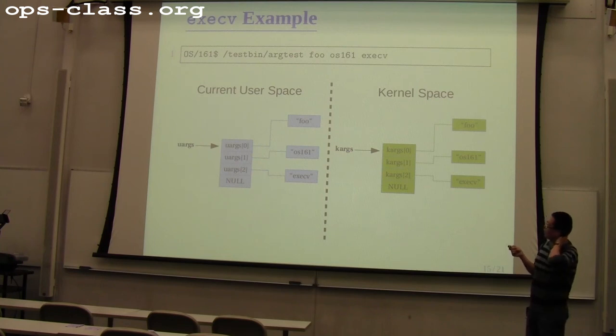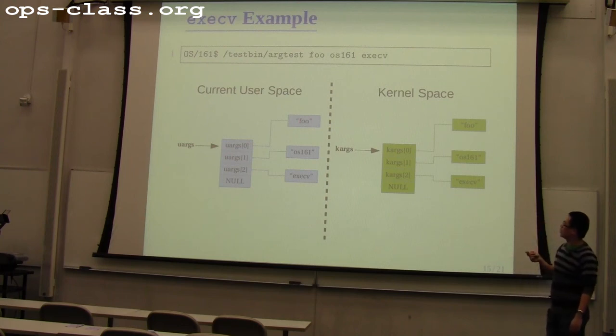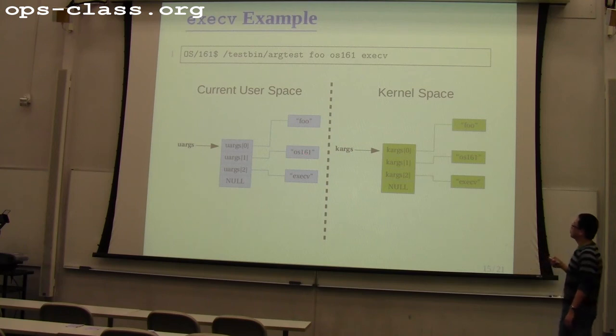It's basically an array of character pointers. The first element points to the first argument, the second element points to the second argument, and so on. So the first thing you need to do upon entering exec is to make sure you can copy all these arguments into kernel space correctly without any error. If you encounter any error in the process, you can just fail and return some error code.